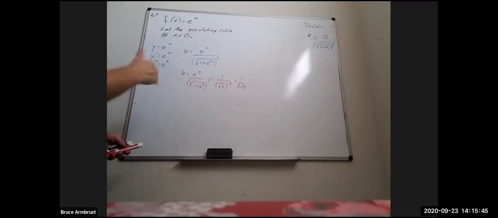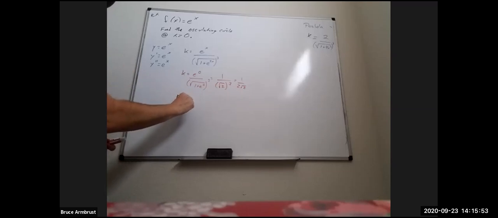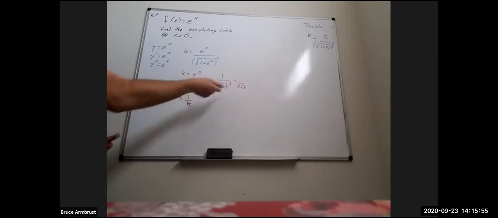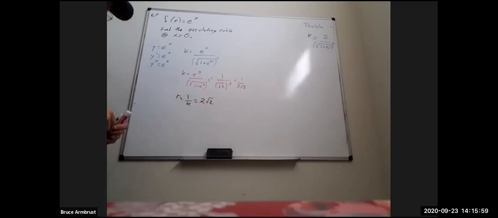Okay, so now what we know is that the radius of the circle is 1 over this. So we just flip this over. So the radius of that circle is 2 root 2.